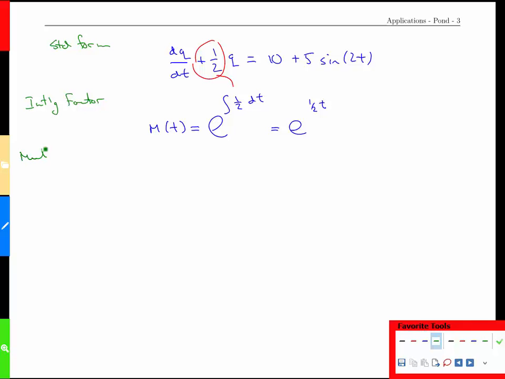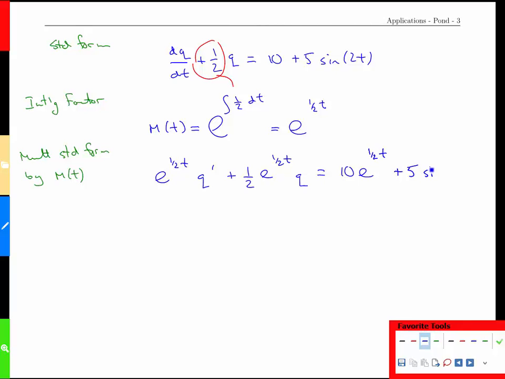So that's our integrating factor. We're going to multiply our standard form by our integrating factor. That'll give us something that looks nicer. We'll have e to the 1/2 t times q prime. So I'm multiplying this equation by the exponential. We'll have a half e to the 1/2 t times little q. We'll have 10 e to the 1/2 t plus 5 sine of 2t e to the 1/2 t. And the left-hand side is what's most important here.